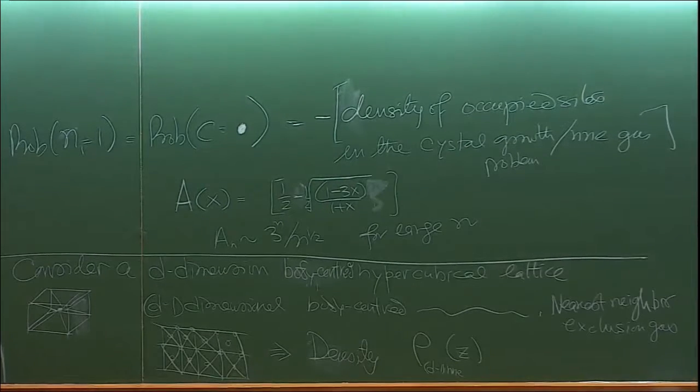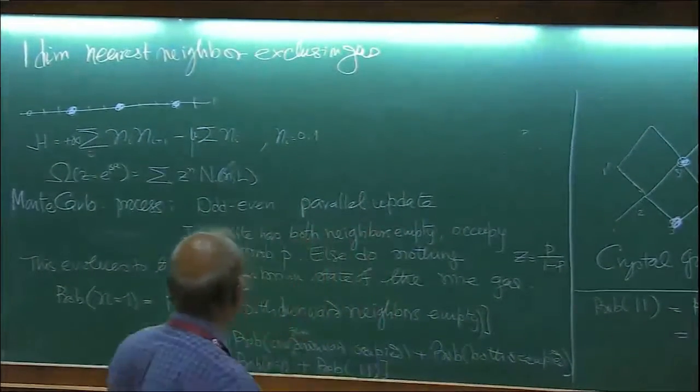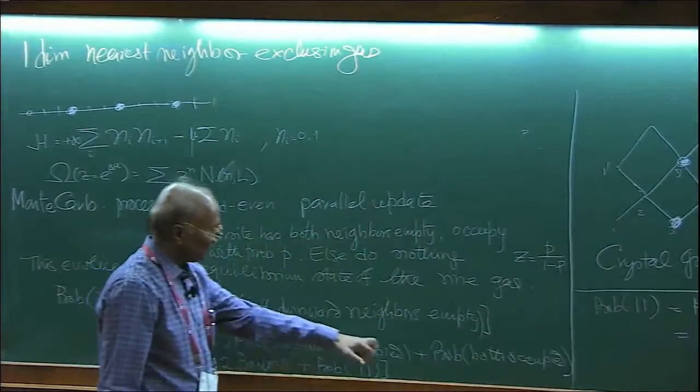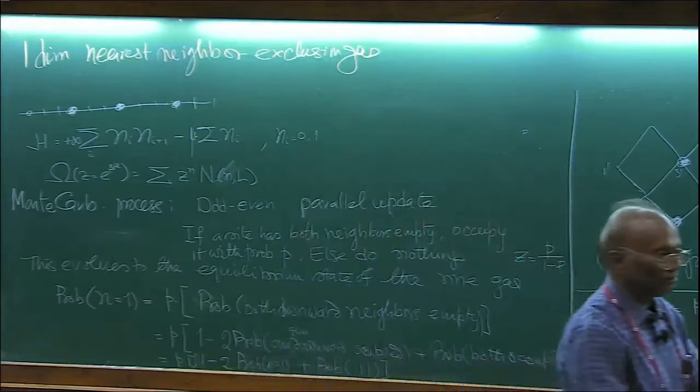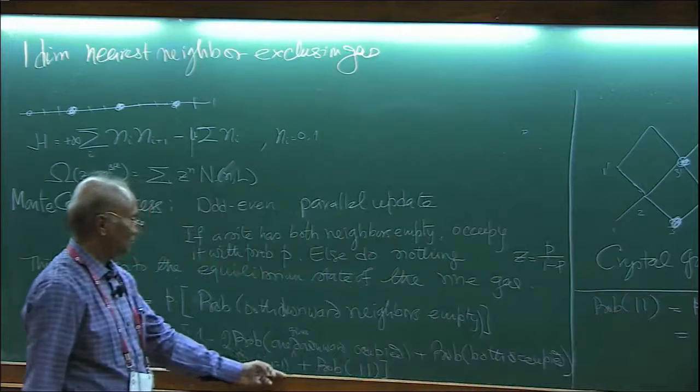But now the same equivalence which is given here. Now I ask, what happens in the Monte Carlo algorithm? If I come to a site, what is the probability this is occupied? Well, all the 4 below it must be empty. So there is an equation: P multiplied by the probability that all 4 downward neighbors are empty. Then that will be 1 minus the probability that 1 is empty, 2 is empty, 3 is empty, with plus and minus signs, and it will give you an equation like this.